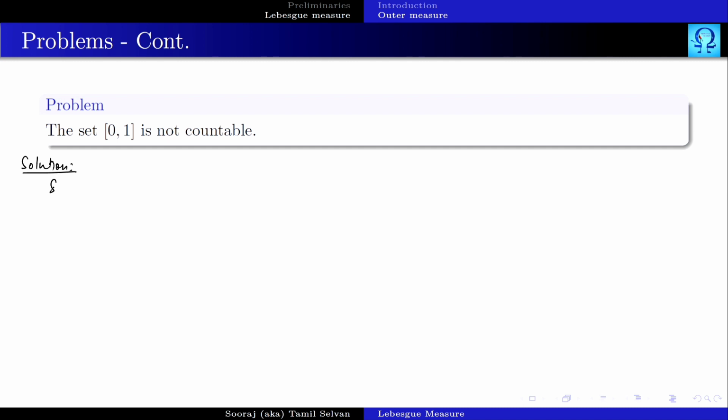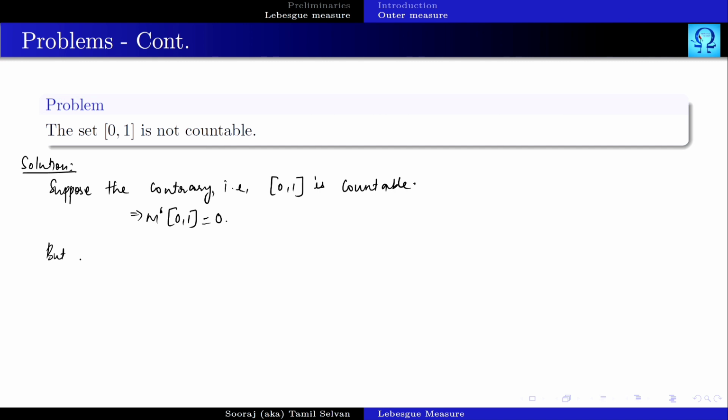Suppose, on the contrary, that [0, 1] is countable. If it is countable, then what happens? The outer measure of [0, 1] is 0.